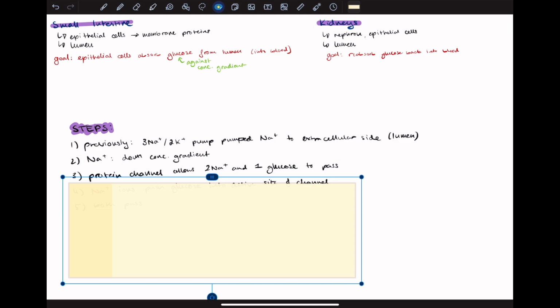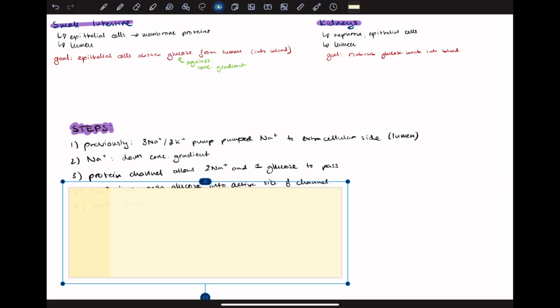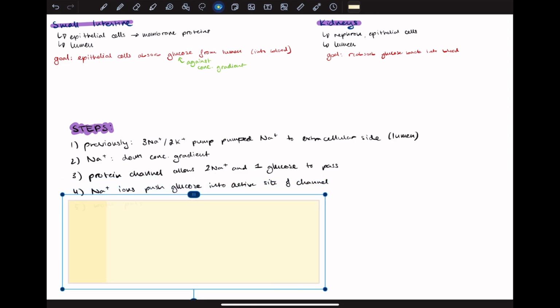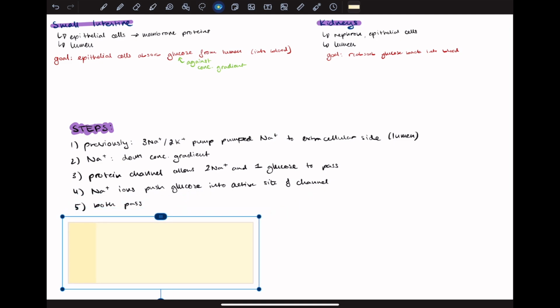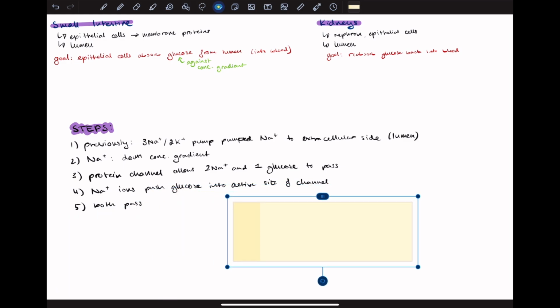So in order for this protein channel to be activated and actually open so that the components travel into our epithelial cell, we need 2 sodium ions and 1 glucose. And you need to have all 3, otherwise the channel doesn't open. So because the sodium wants to go down its concentration gradient, which is passive, it pushes the glucose into this protein channel and into the active site of the protein channel. This leads to the fact that the channel opens and both pass.